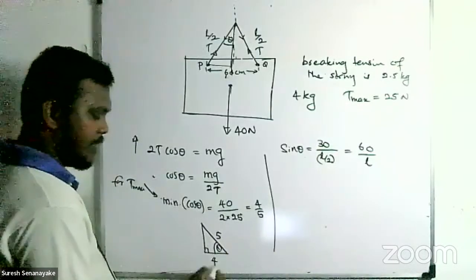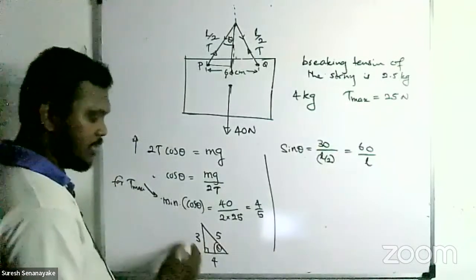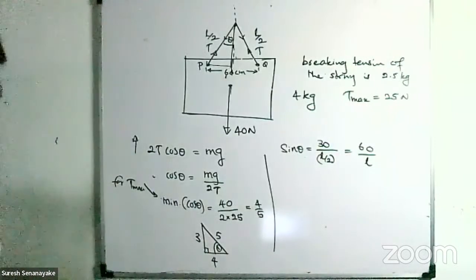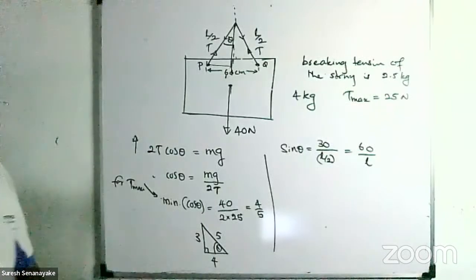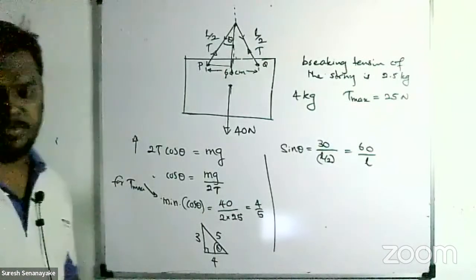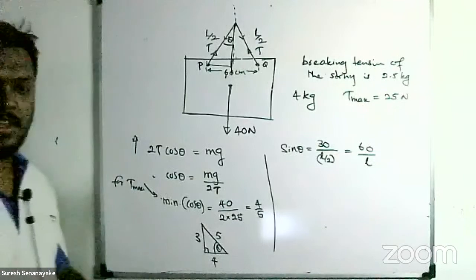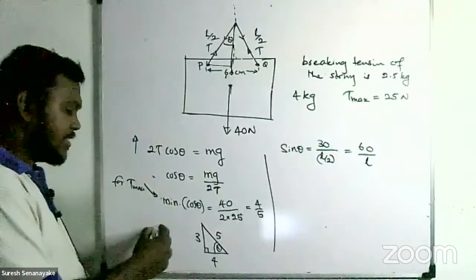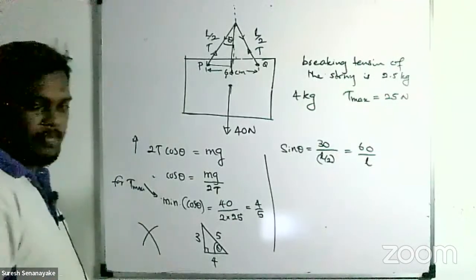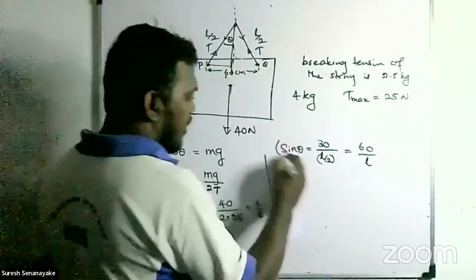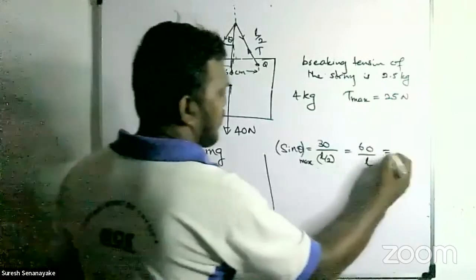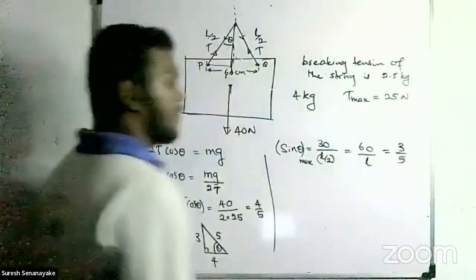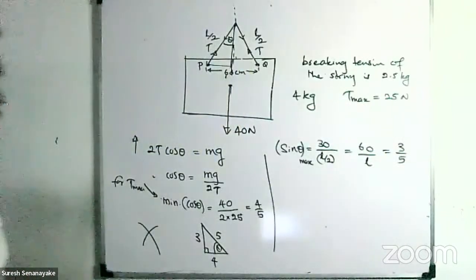With 4 and 5 with the hypotenuse, the opposite side should be 3. If cos theta is minimum, sine theta should be maximum, because they have a reciprocal relation. If sine theta increases, cos theta decreases. So the maximum sine theta is 3/5 for this case.